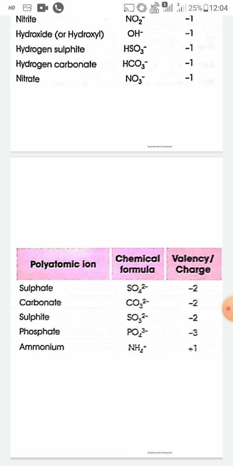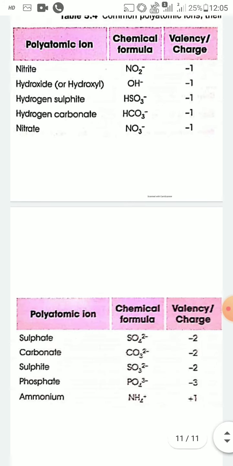Carbonate CO3 2-, valency 2, charge -2. Sulfite SO3 2-, charge -2, valency 2. Phosphate PO4 3-, charge -3, valency 3. And ammonium NH4+, charge +1, valency 1.